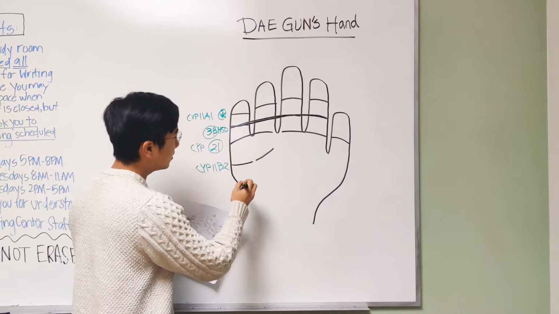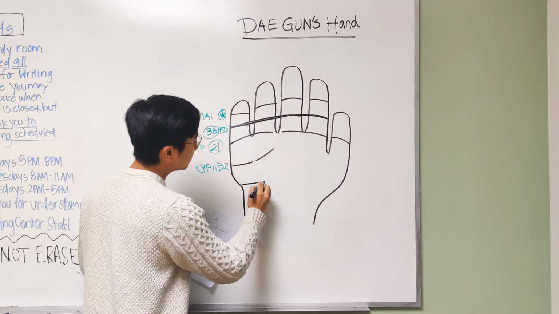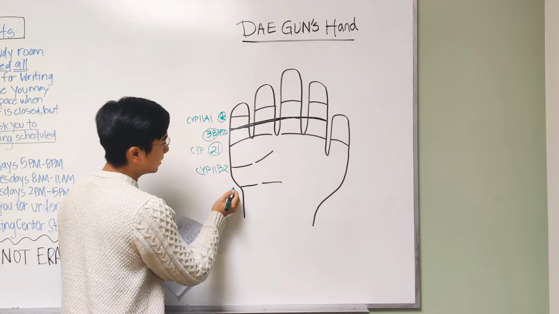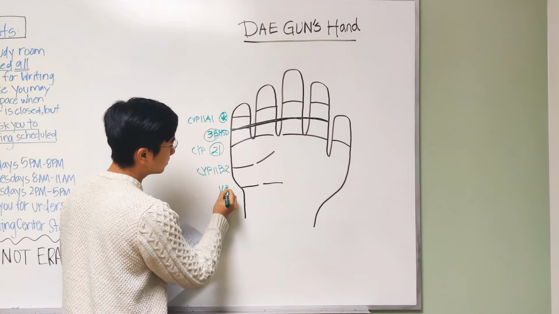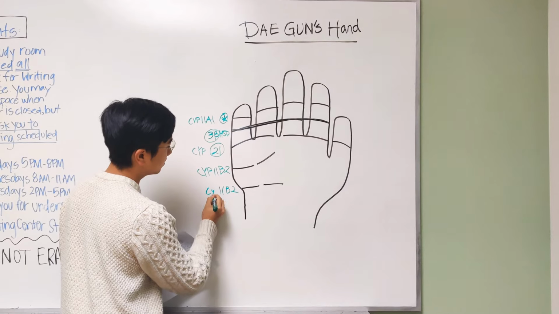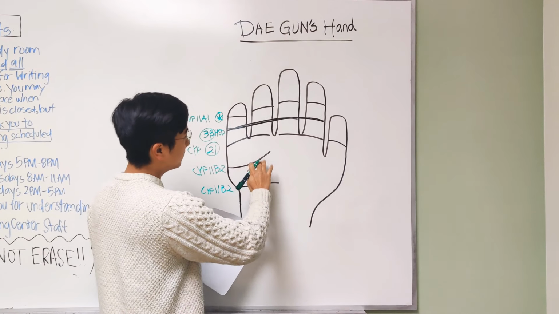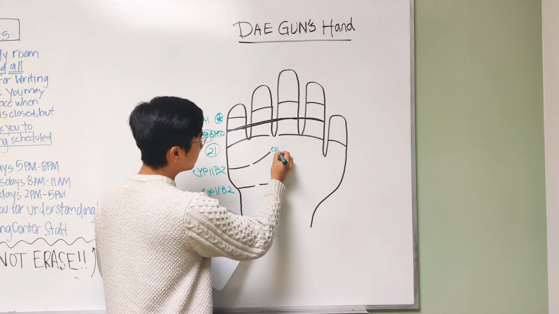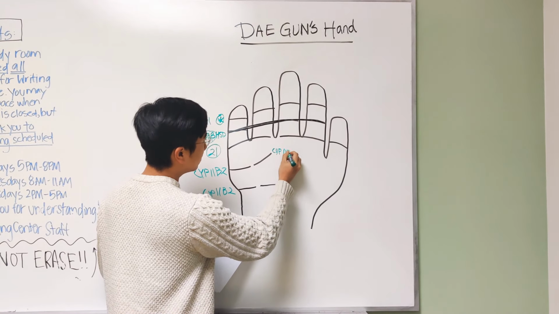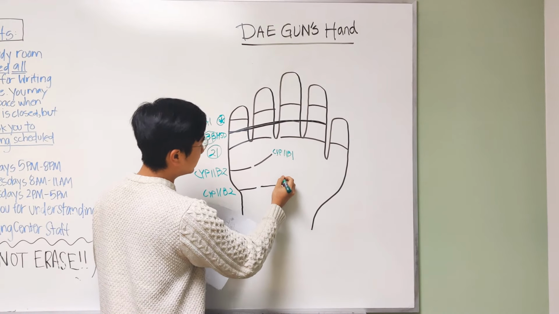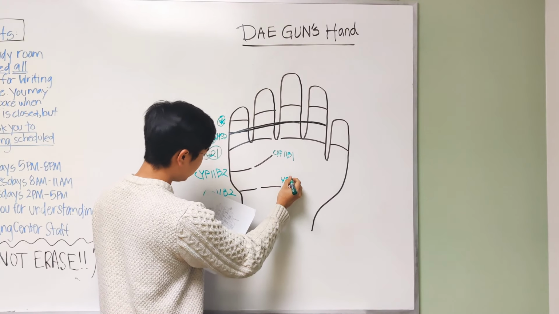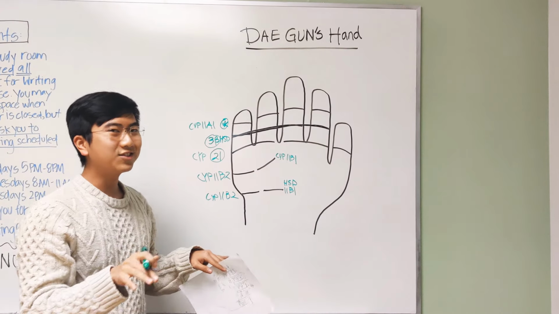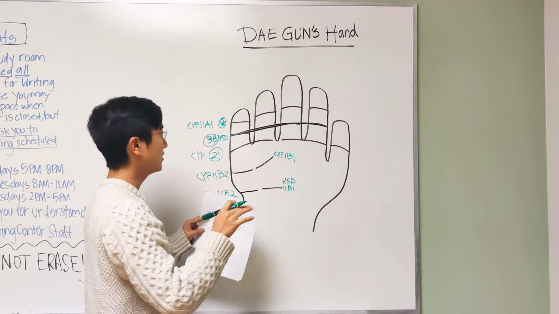Then I add one more line right here that is also CYP11B2. These lines that we divided are CYP11B1, and this is HSD11B1. There are extra enzymes, but we'll not worry about those yet.